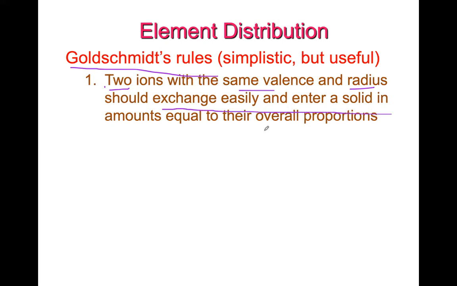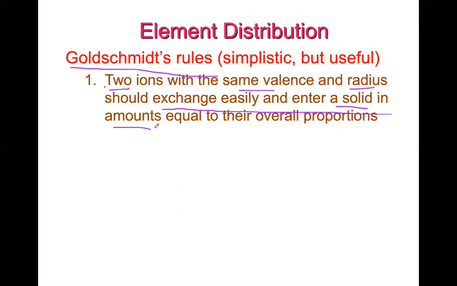For example, in melting, you have a residual solid. For the residual solid, some elements enter, that means compatible elements, whereas for the liquid, incompatible elements enter, right? So if you consider the solid side, the entering elements are in amounts equal to their overall proportions.